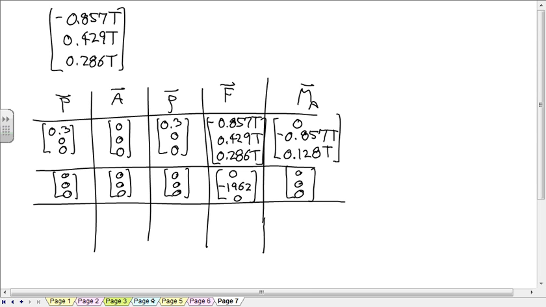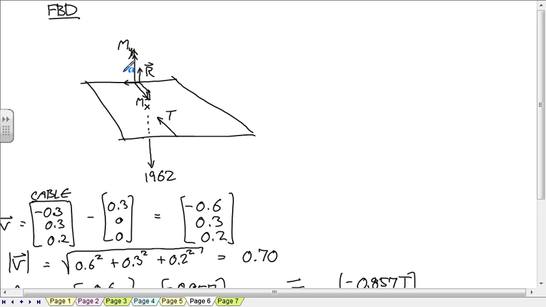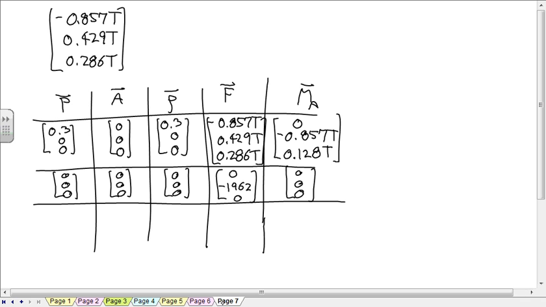Then what do we still have? The reactions. So what are the coordinates where this reaction occurs? Yeah, so negative 0.3, 0, 0. So the row vector is negative 0.3, 0, 0.